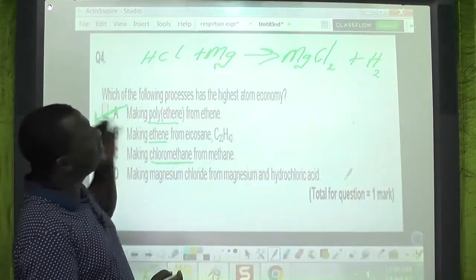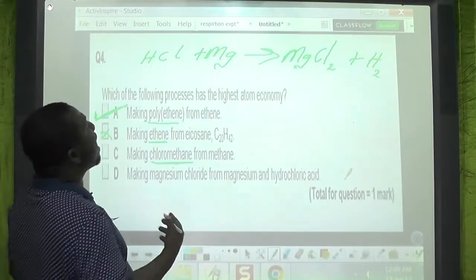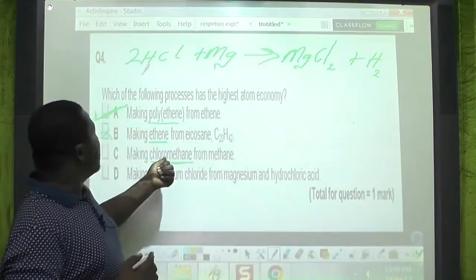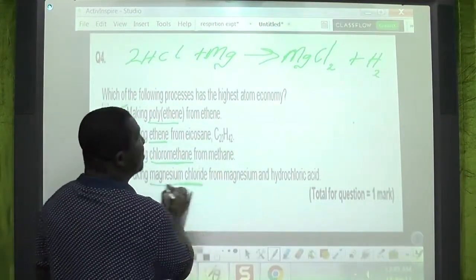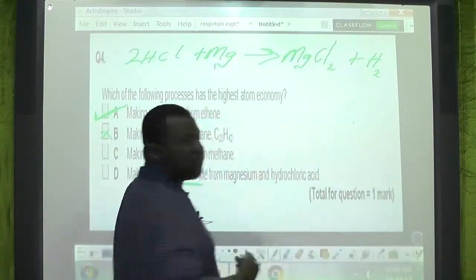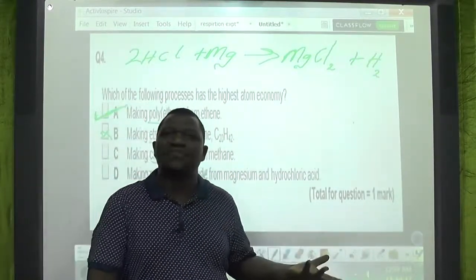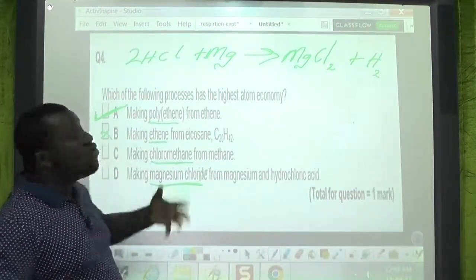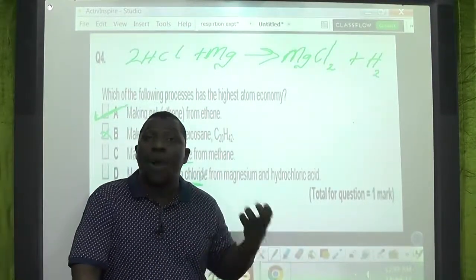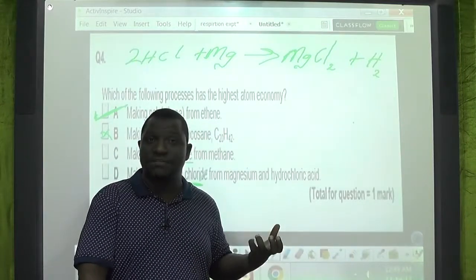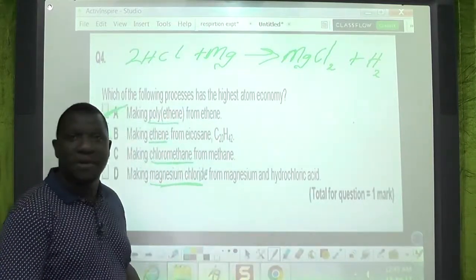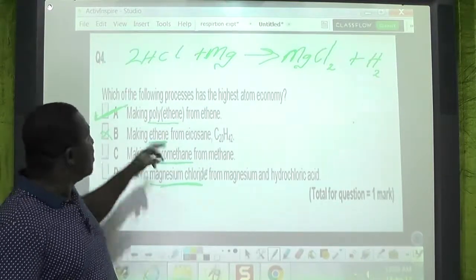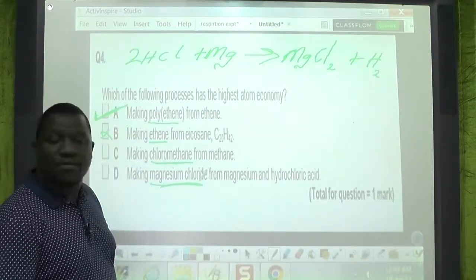Before we even start balancing, we see that it is not only magnesium chloride that is formed here. Another product is formed, which shows that the atom economy cannot be 100%. If you did not get anyone that is up to 100%, you would have to calculate for each of them, and that would take time. Examiners know this, so that's why you can see one of them that is directly 100%.